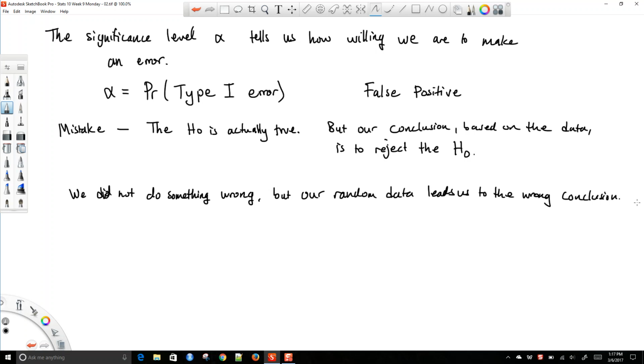So if alpha is the probability of a type 1 error, can I just reduce my alpha so I minimize the chance of type 1 error? Okay? Yeah, we can do that. So if we want to reduce our risk of type 1 error, or reduce our false positive rate, we can just lower alpha.